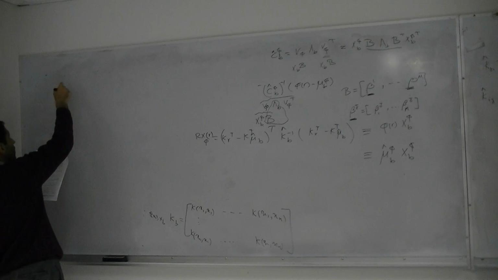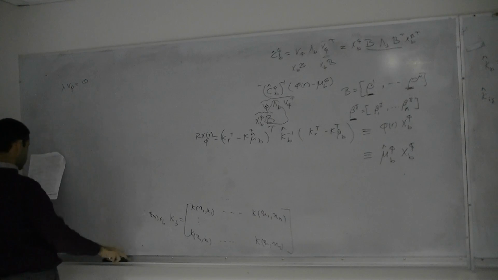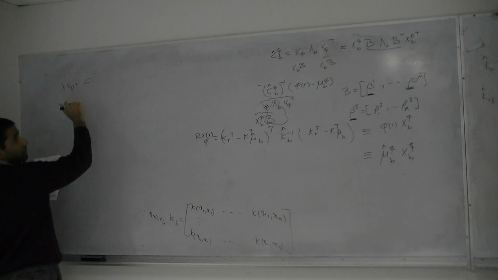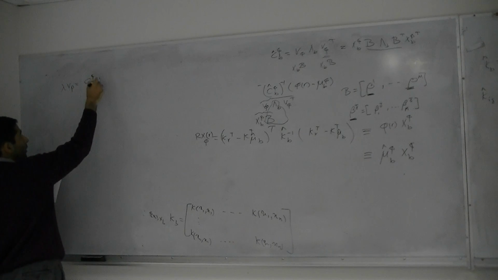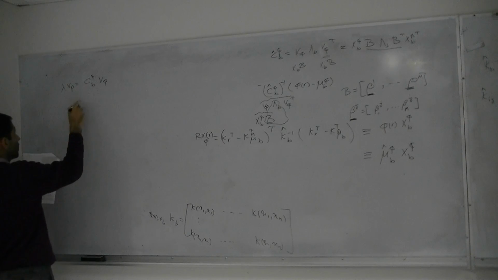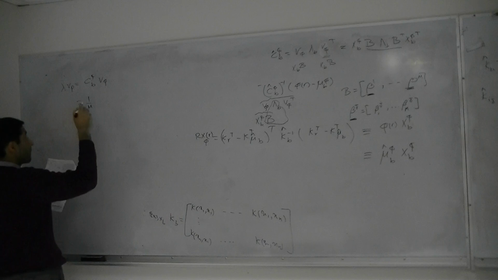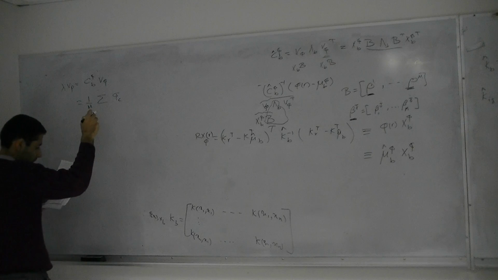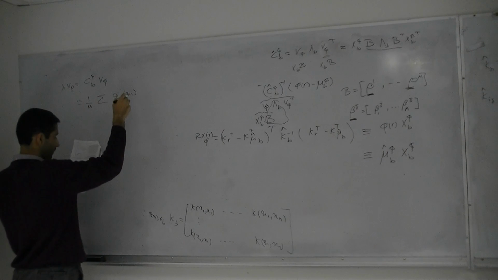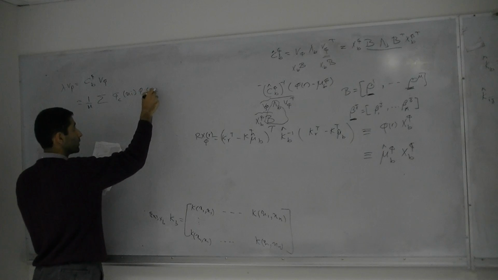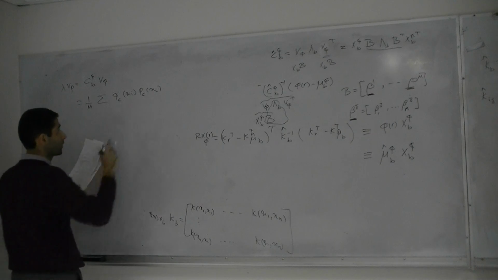The eigenvalue multiplied by the eigenvector phi is equal to C_b phi eigenvector, which is equal to 1 over n, summation of phi center of x_i multiplied by phi center of x_i transpose.